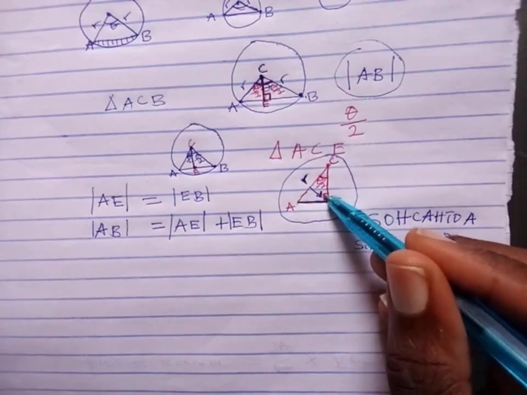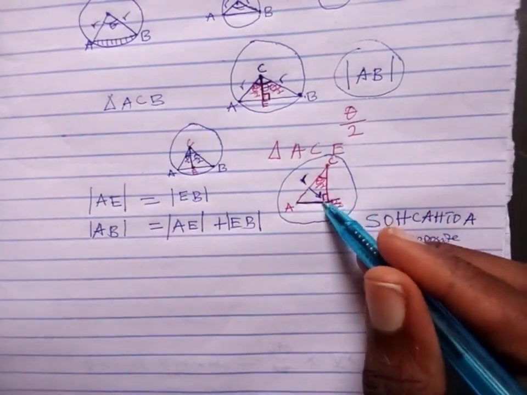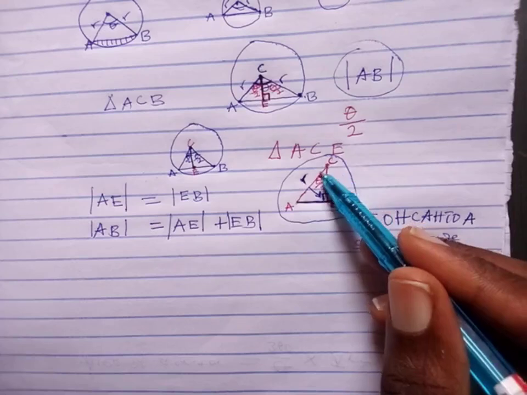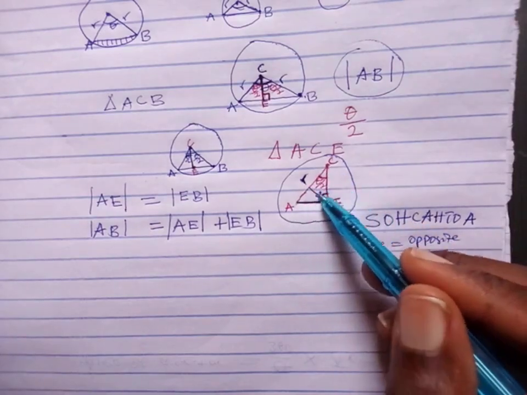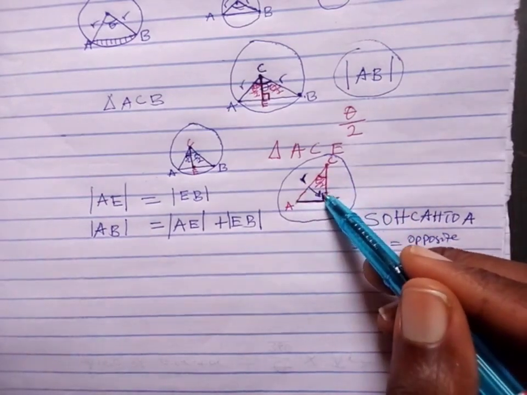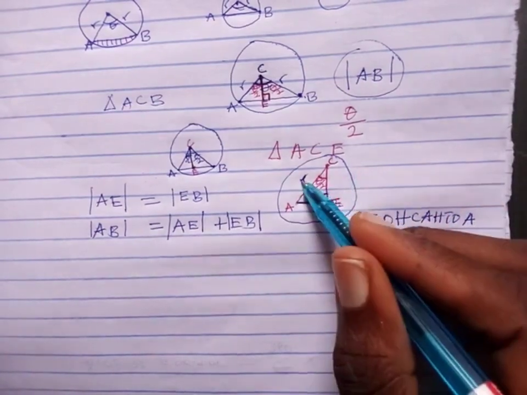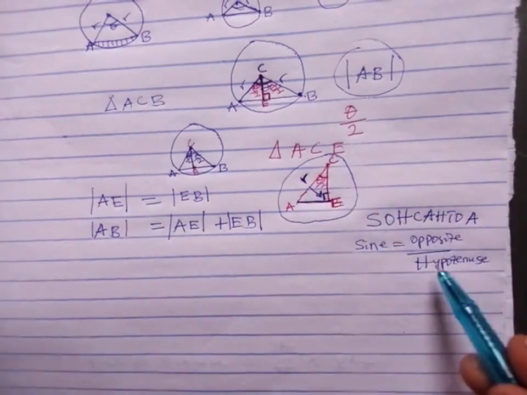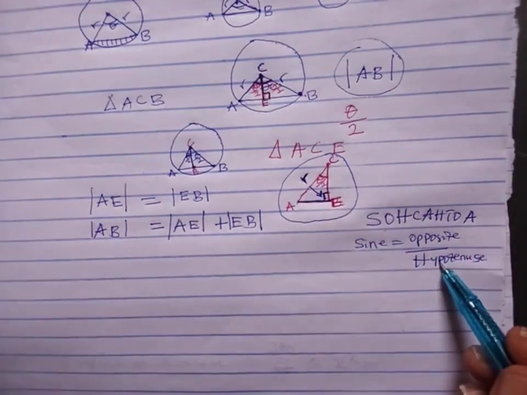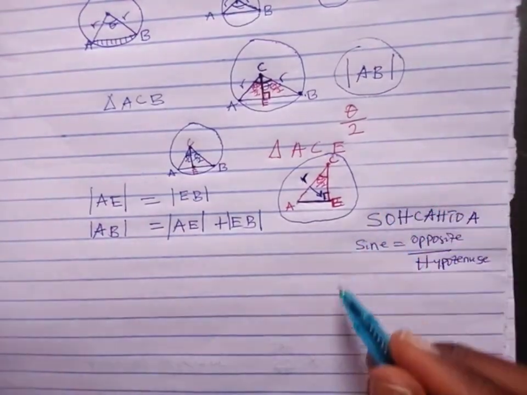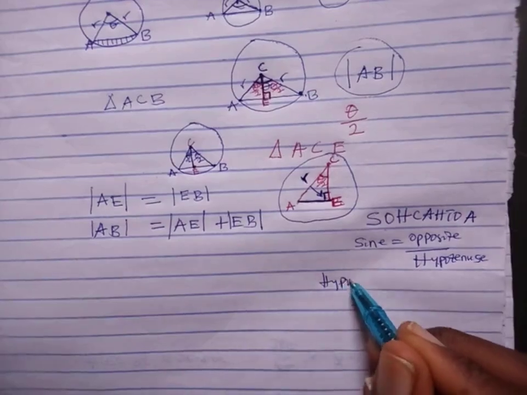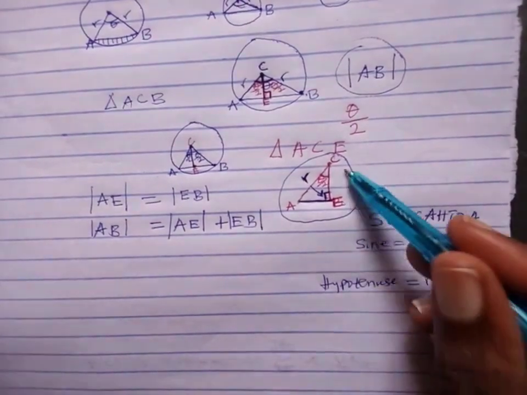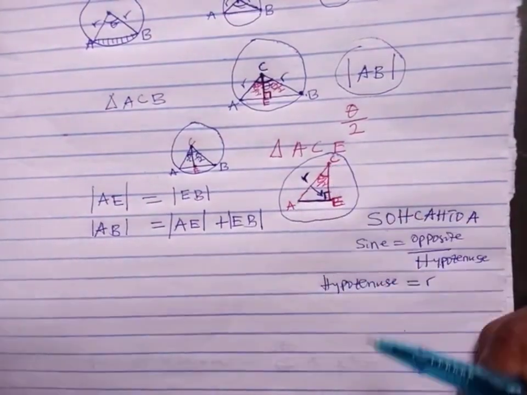This is a right angle, which has a value of 90 degrees, and the side facing the 90 degree angle is what we call the hypotenuse. Remember that sine is opposite over hypotenuse. So our hypotenuse in this case is R, which is line AC.